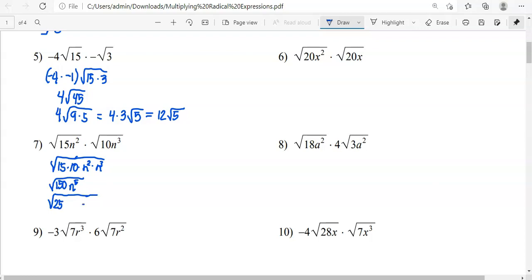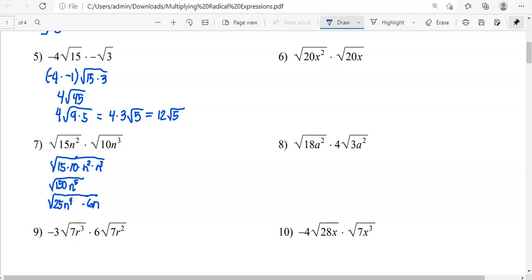Lagay natin sa kabila yung 6. Sa n raised to 5, so ano yung perfect root dyan? So, yung highest even exponent. Since add yung exponent, so lalagay natin na perfect root is n raised to 4. Then yung remaining variable ilalagay natin sa katabi ng 6, yung walang square root.